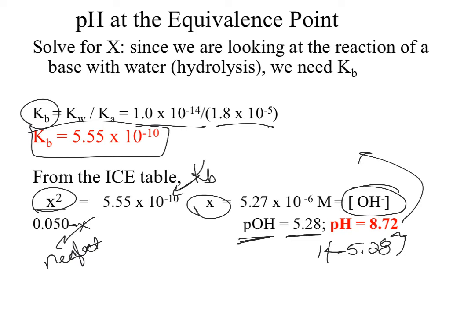So pH at the equivalence point, because that's where we're at now, is greater than 7. In this case, it's 8.72.